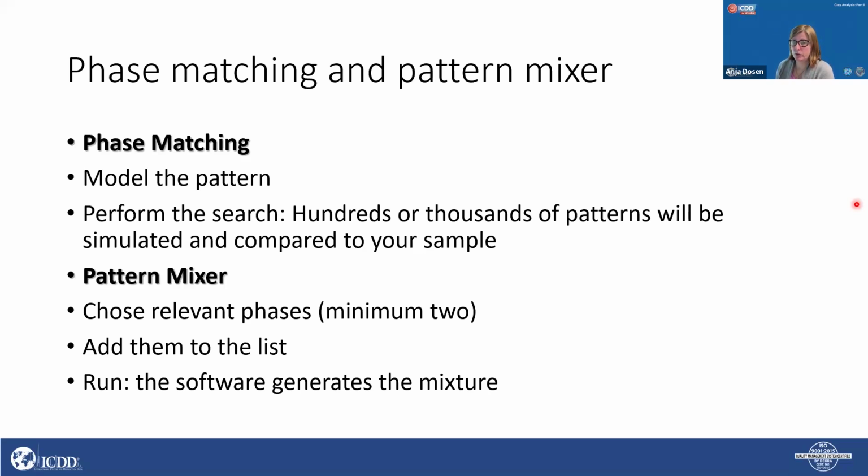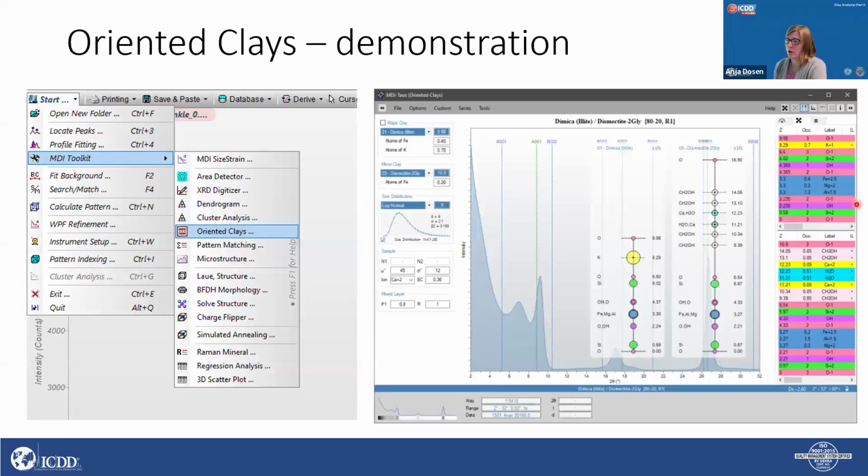And then there's a pattern mixer that will show how your chosen clay minerals are mixing in which amounts, and you can change those parameters as well. And you can run the software to generate the mixture. Okay, so now I'm going to show you this add-on.